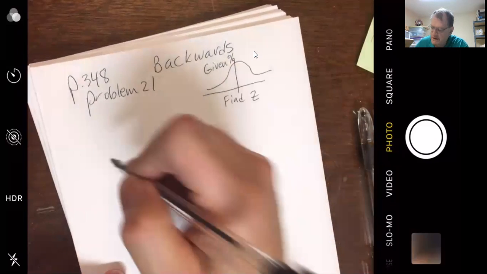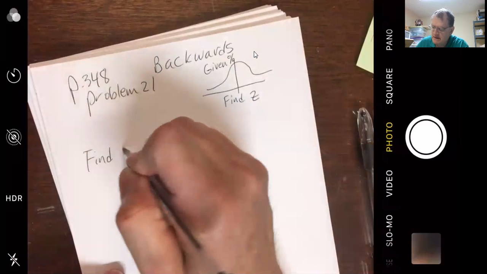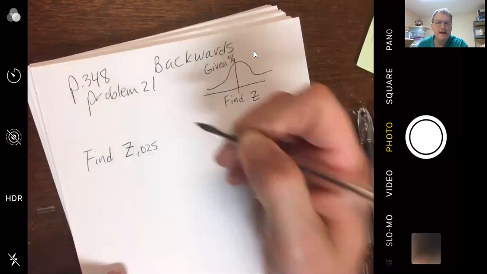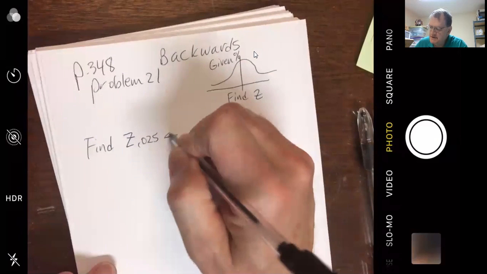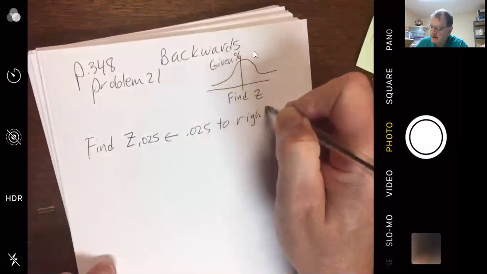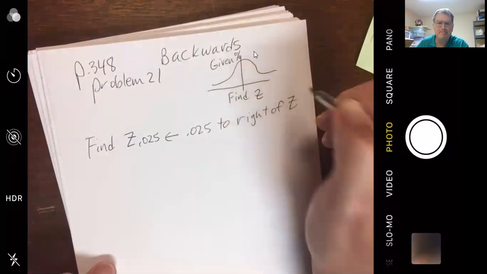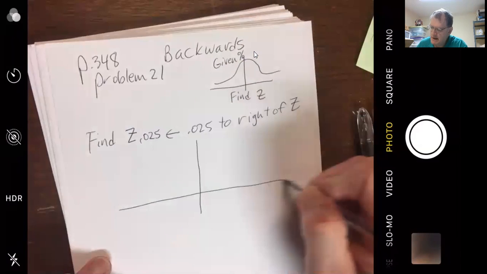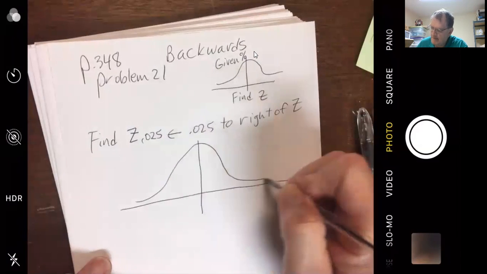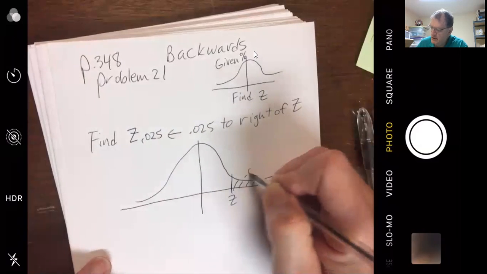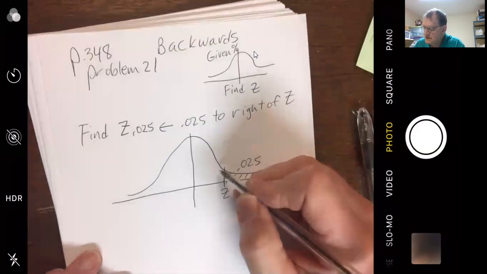So problem 21 is find Z, 0.025, and his convention is 0.025 to the right of Z. So if you draw your picture, Z over here with 0.025 to its right.